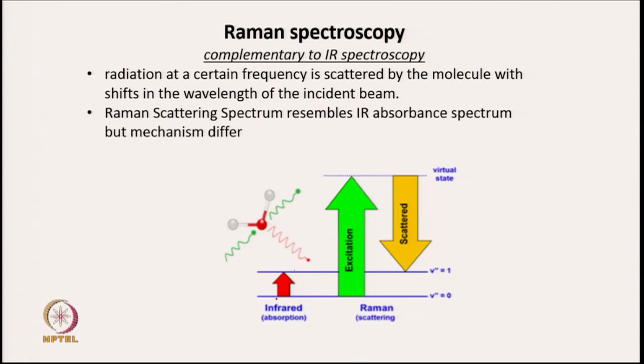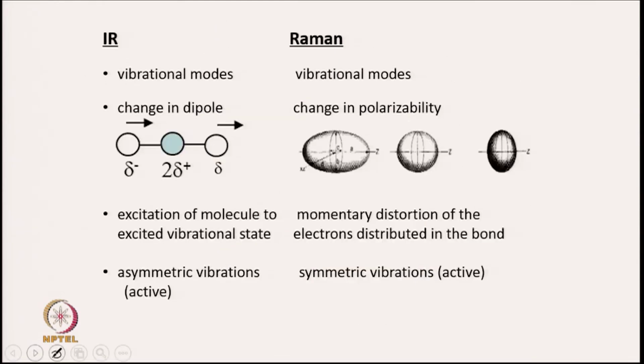In Raman spectroscopy, when you excite the molecule, it goes to some virtual state, and from the virtual state it comes back to one of the vibrational states. So, V double dash is equal to 1 by a scattering. You can see the gap still remains the same. This is the difference between IR and Raman.